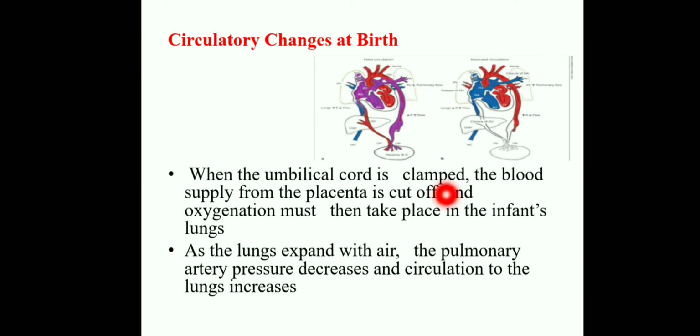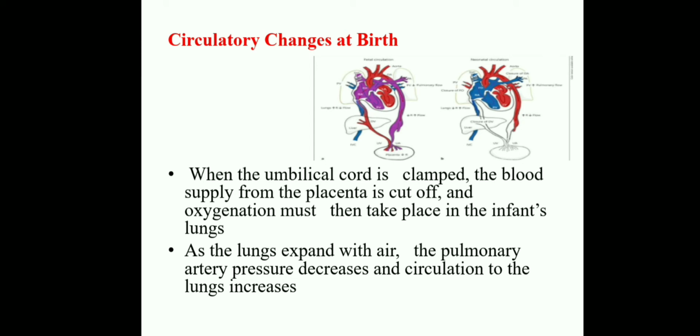Before that, through the placenta the oxygenated blood enters the atrium and then the aorta. So this process is going on. After delivery, immediately they cut the umbilical cord. So there is no oxygenated blood from the placenta or umbilical vein, and oxygenation must take place in the infant's lungs.